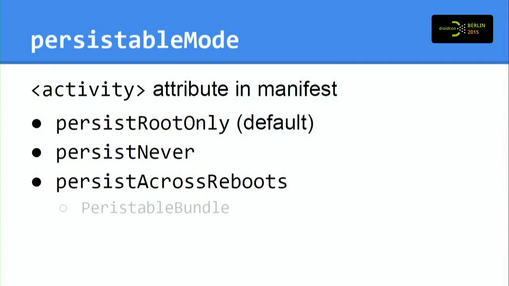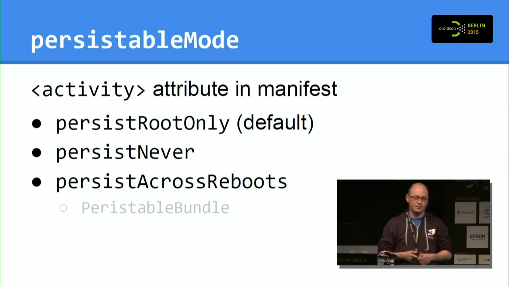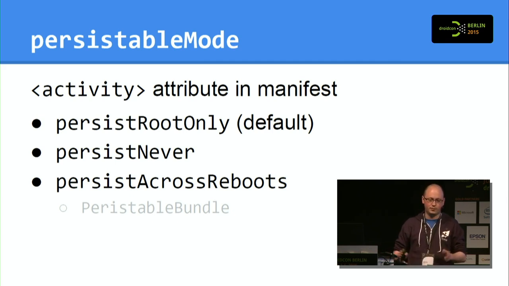You can set the flag, again, that's an attribute on the activity element in the manifest. If you specify persist never, the entries in the overview screen will be forgotten after the reboot.